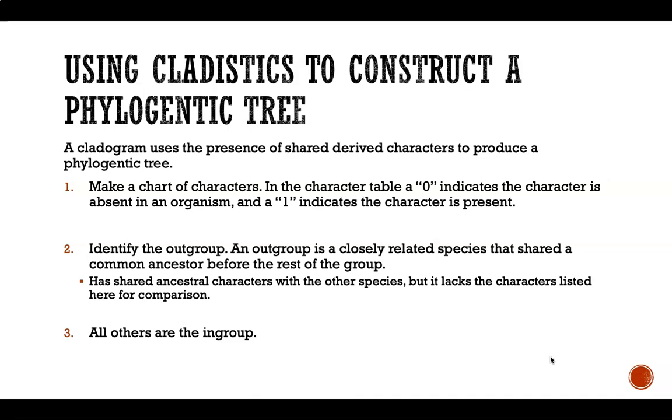species. Now the important thing about the outgroup is that it doesn't share any of the character traits that you are looking at. Now it might share other character traits, but it can't share any of the ones that you are actually using to make your phylogenetic tree.